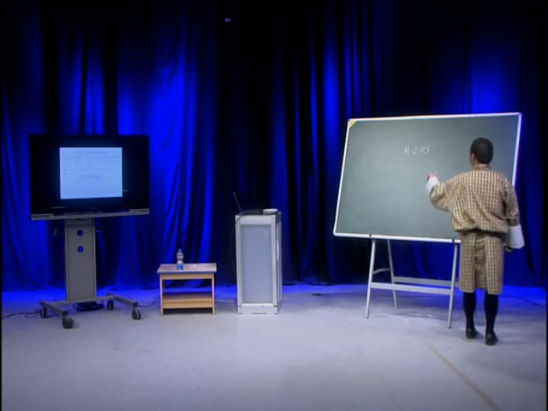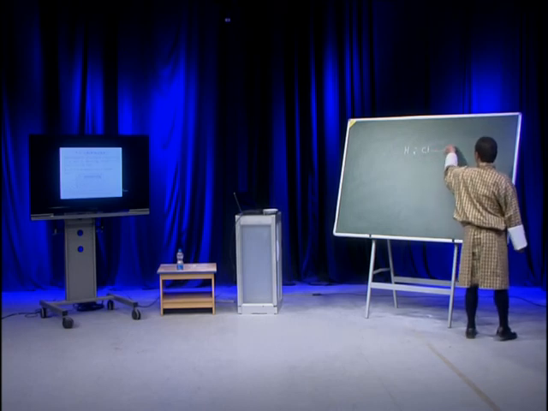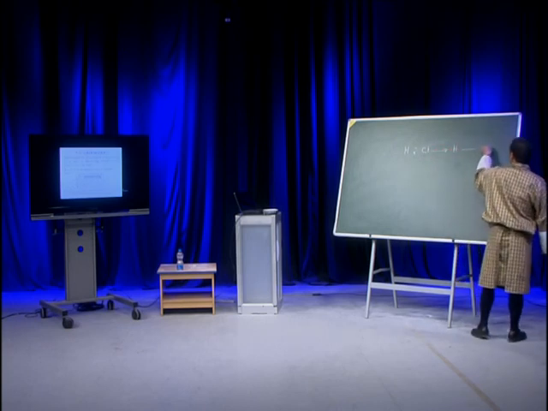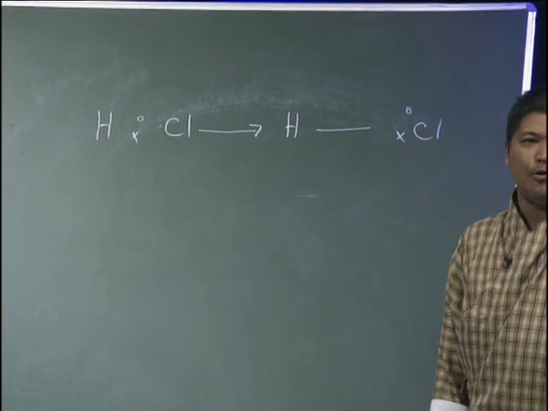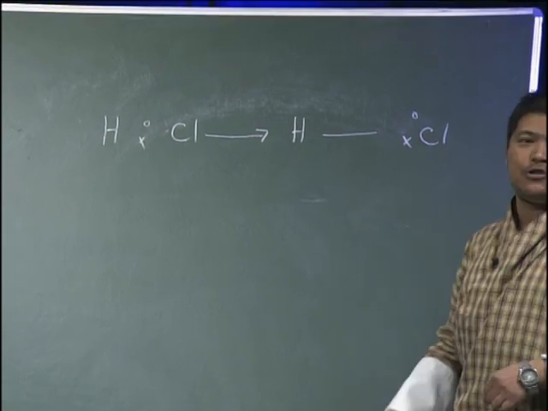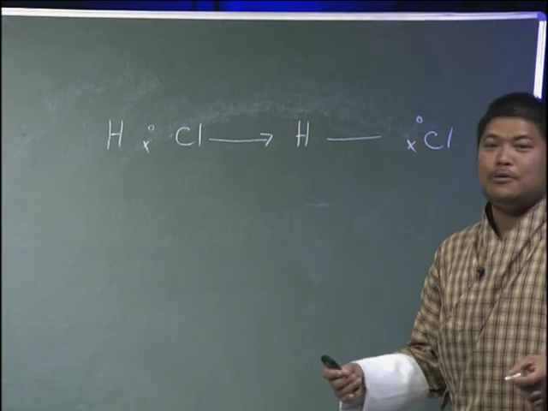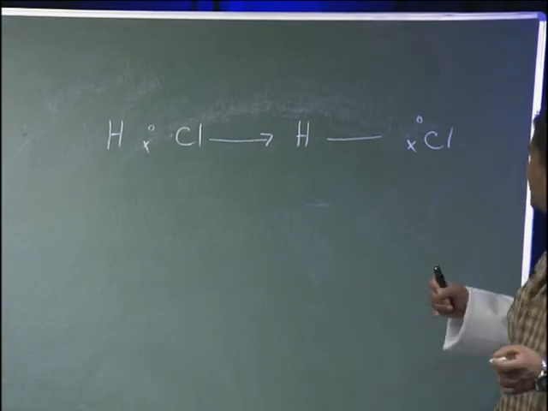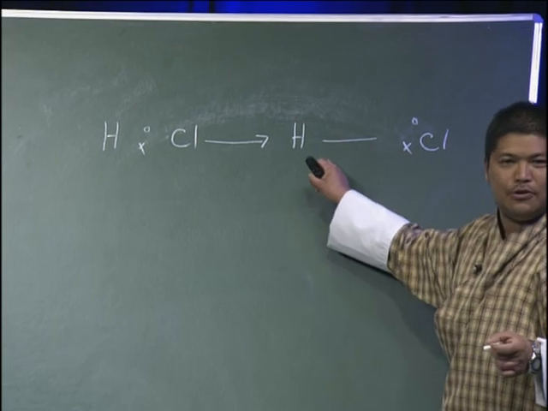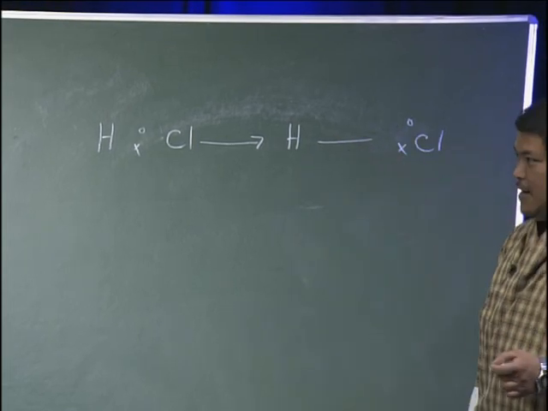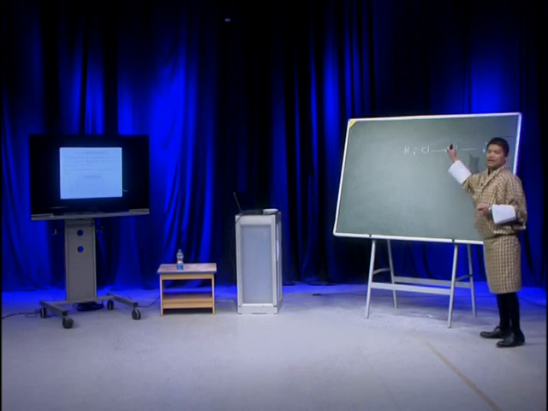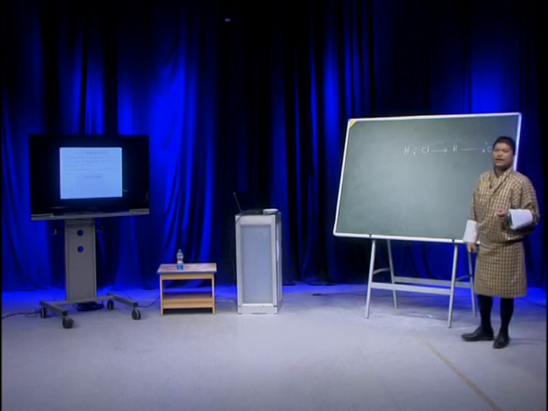So in actual practice, what happens is the shared pair of electron between hydrogen and chlorine is more towards chlorine. So here it means to say that the shared pair of electron between hydrogen and chlorine is now taken by chlorine. So this phenomenon is known as electronegativity.